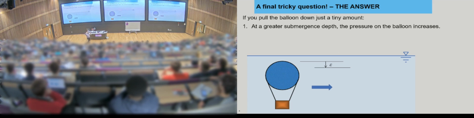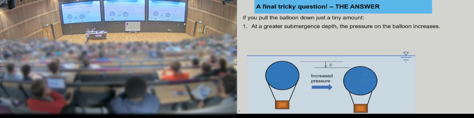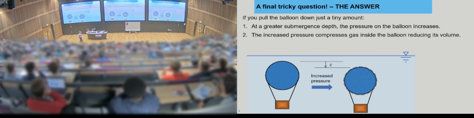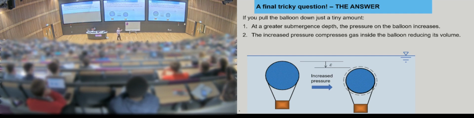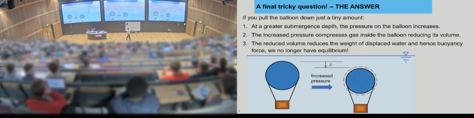So it compresses a bit. Therefore, if the balloon has compressed under the increased pressure, the volume has reduced. Therefore, what happens to the buoyancy force? It reduces, exactly. And so when it reduces, your system is no longer in equilibrium.